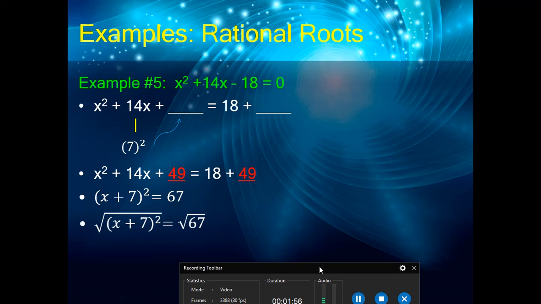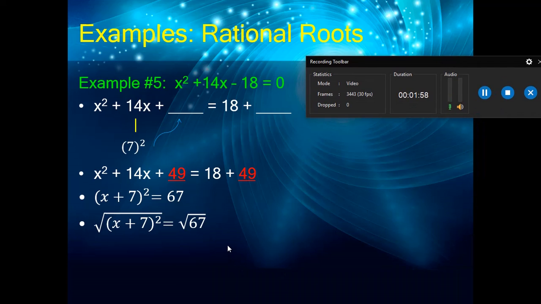We're going to square root both sides. On the left, I'll be simply left with x plus 7. And on the right, I have positive and negative square root of 67. At this point, you should determine if you can simplify radical 67. Are there squares that we can break this down into? I'm going to first subtract 7. And then after checking my iPad, I know that there are no perfect squares that can be removed from 67.